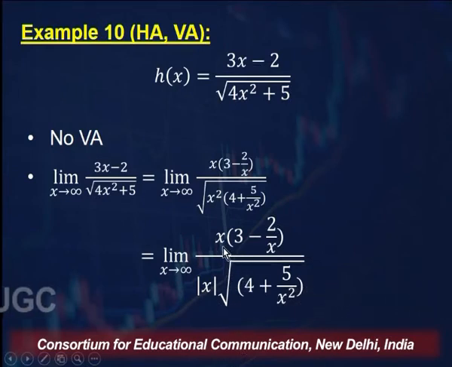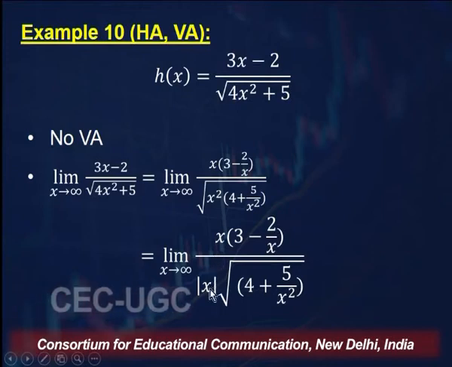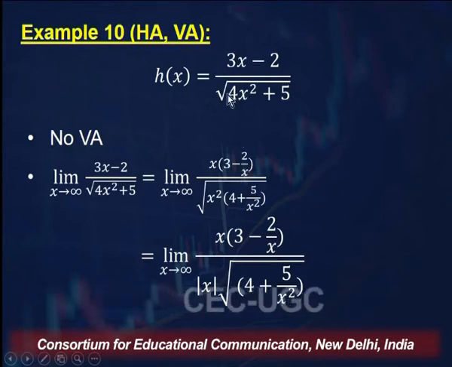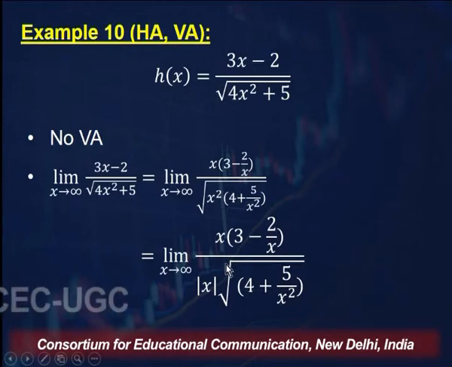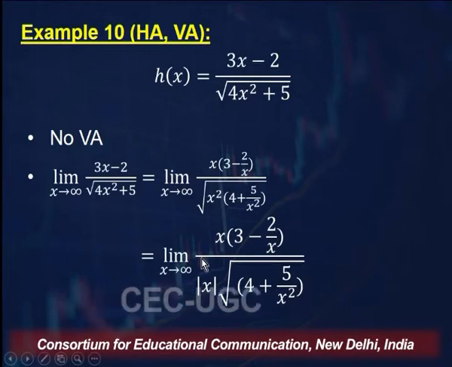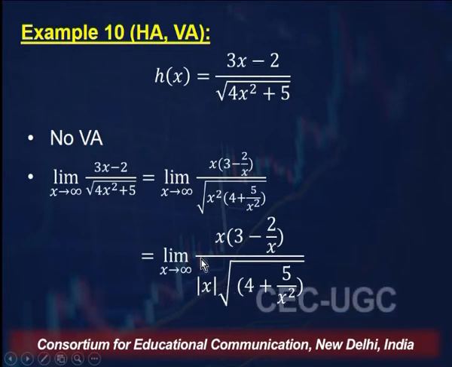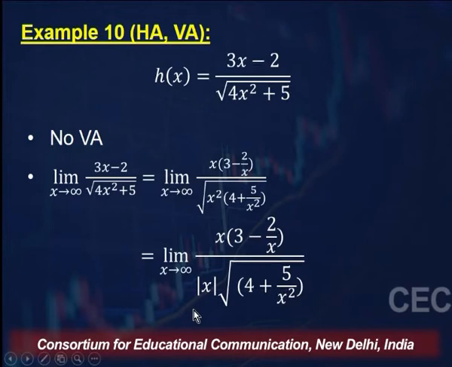In the numerator, I've taken x common, because basically once you take x squared out of the square root sign, the highest power of x will be 1. So we always take the highest power of x in the denominator as common to calculate limits at infinity.